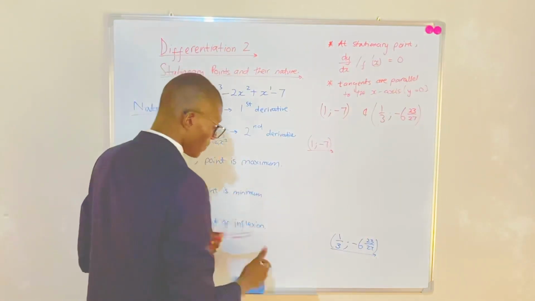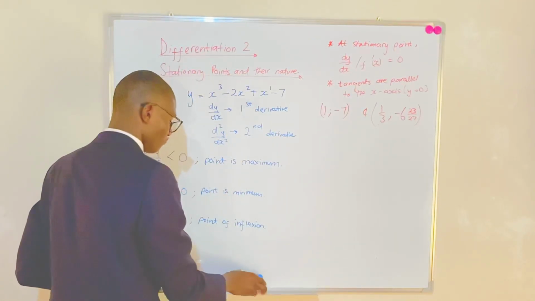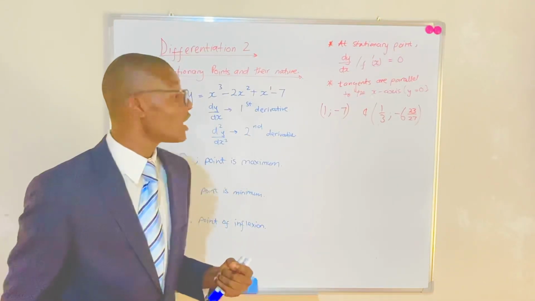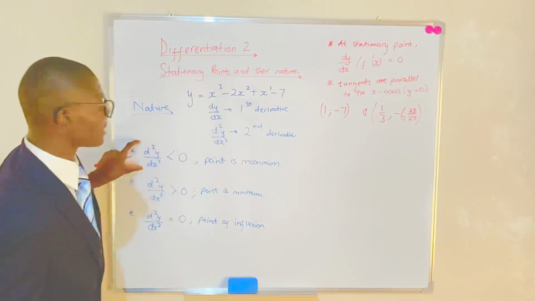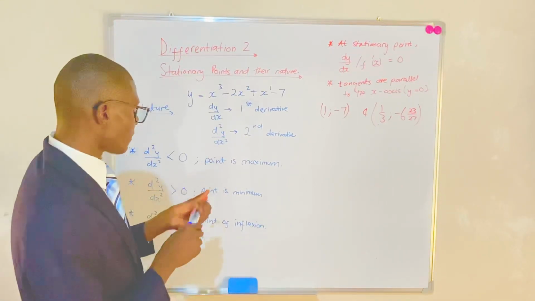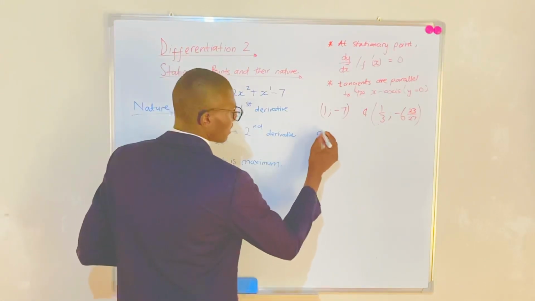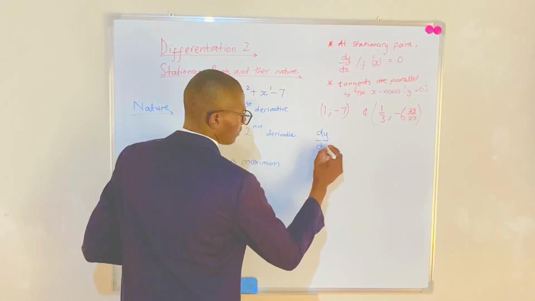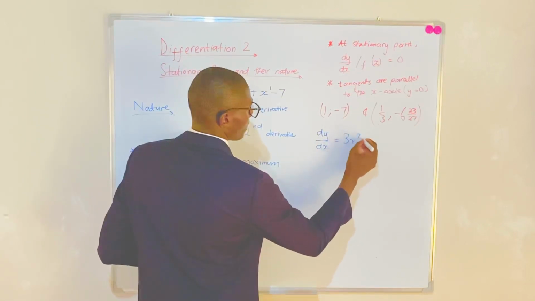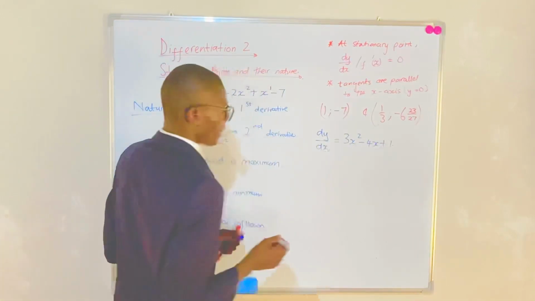Okay, so I shall erase this as well. Okay, so now for the nature of stationary points, we said we need to use the second derivative, which is d squared y by dx squared. So from the original equation, it means that we originally need our dy by dx, which we calculated to be 3x squared minus 4x plus 1.